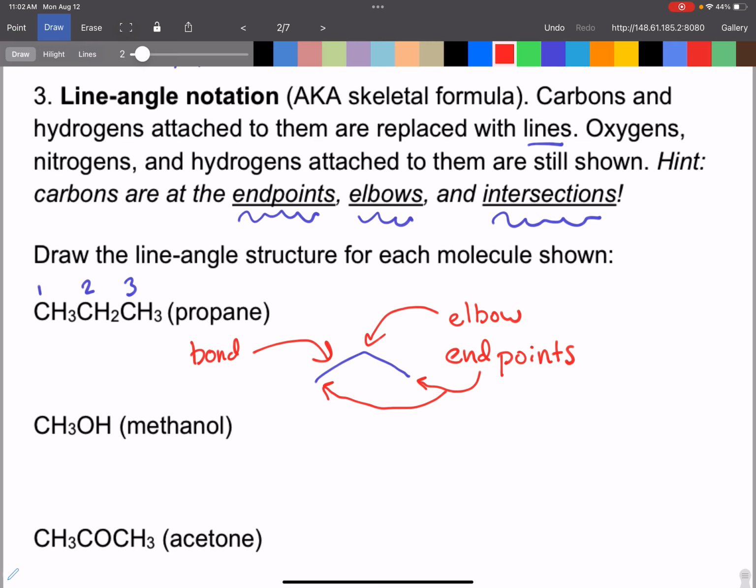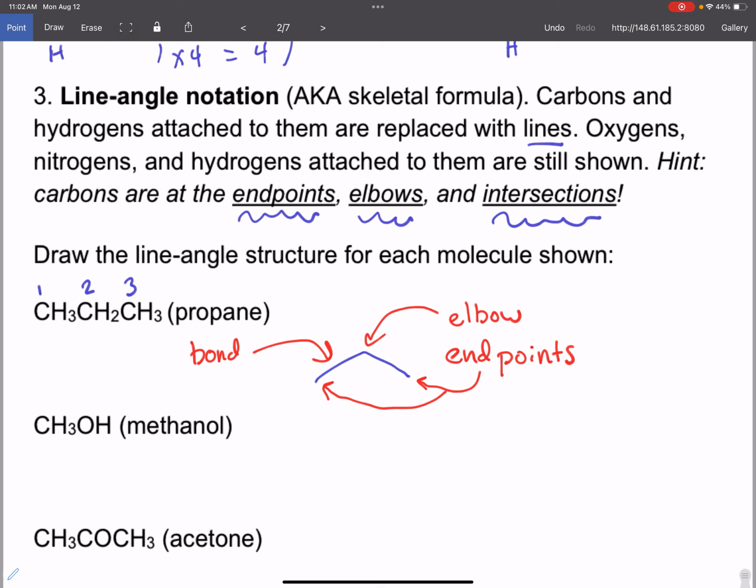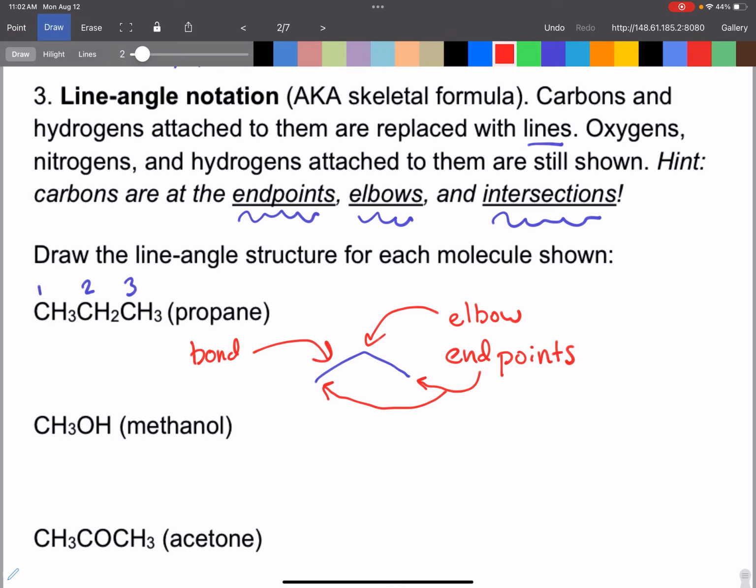But certainly there are many more complicated molecules in biochemistry. For example, methanol now has this OH in it, and we cannot simplify away the oxygen and the hydrogen attached to it. We do have to show this OH in line angle notation. So the line angle structure for methanol is this. Oh, wrong color. Seriously, it just has a line there.